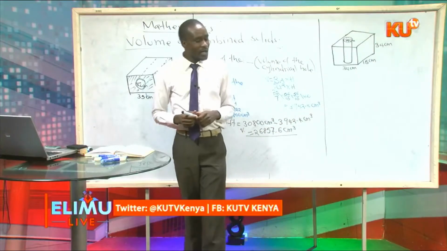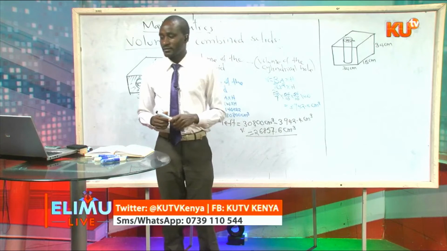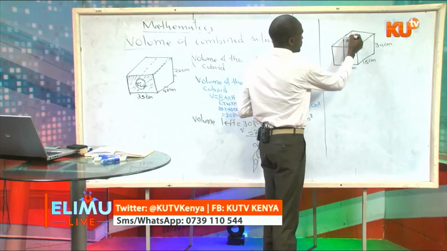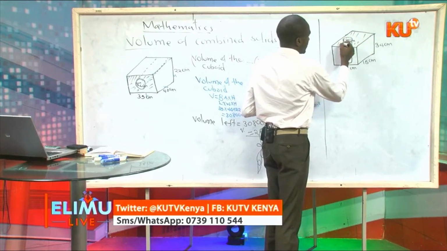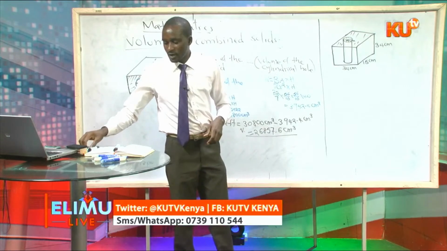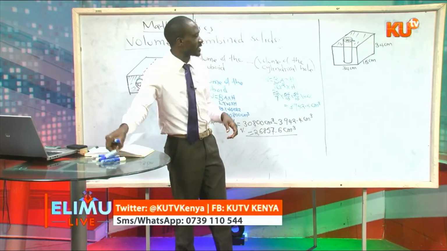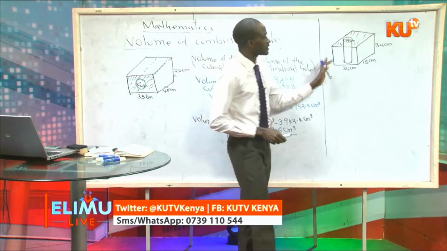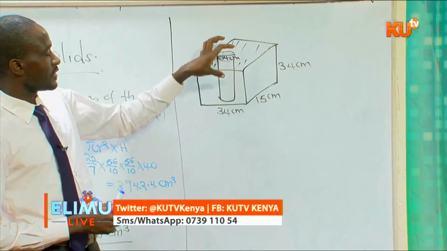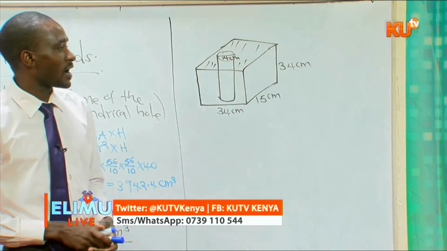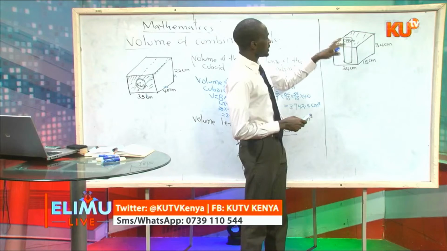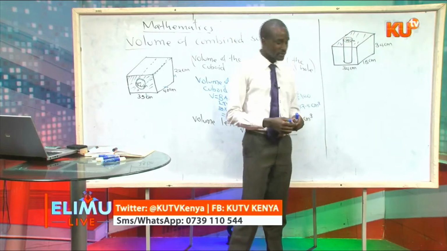Now you have been asked to find the volume of the figure. Now it's your responsibility as a learner to know that this was a whole solid cuboid and they drill the hole. And which hole is this? The hole is a cylinder.